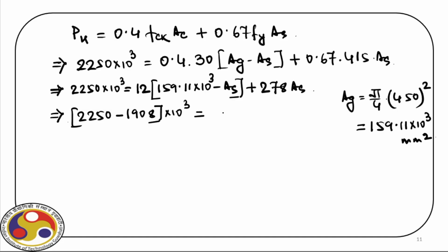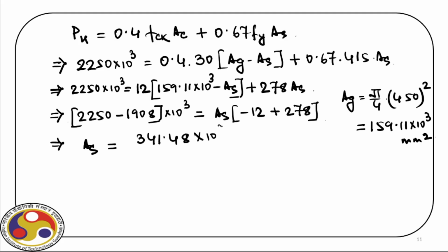This is equal to As times minus 12 plus 278. So ultimately what we get, As is equal to 341.48 into 10 to the power 3 divided by 266. And this is 1283.76 millimeter square.